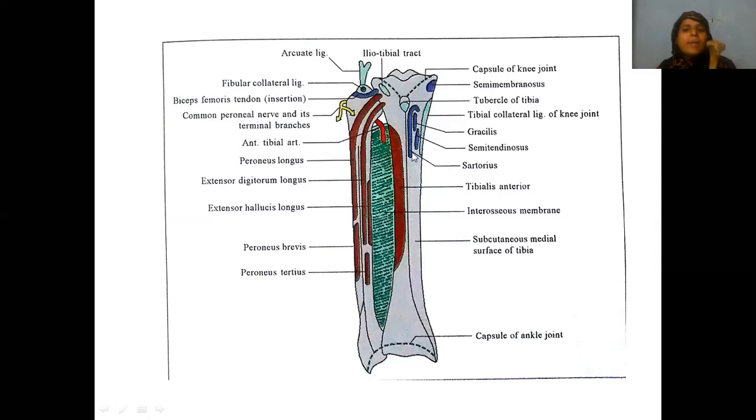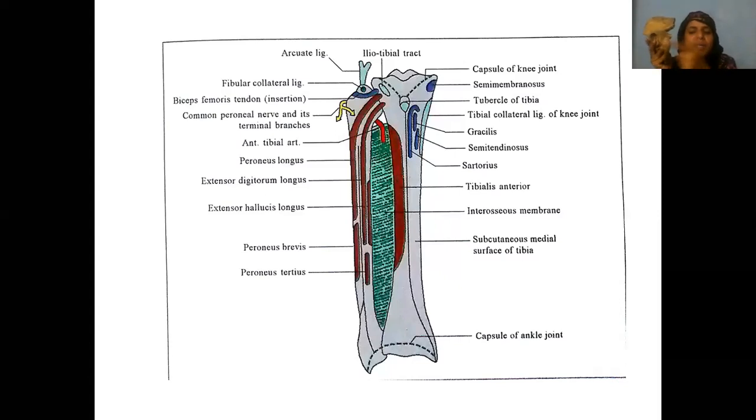On the medial surface, just below the medial condyle, we have the insertion of semimembranosus. Can you tell me the origin? Semimembranosus, semitendinosus, biceps femoris: all three come from the same point in the hip bone, the ischial tuberosity, isn't it?